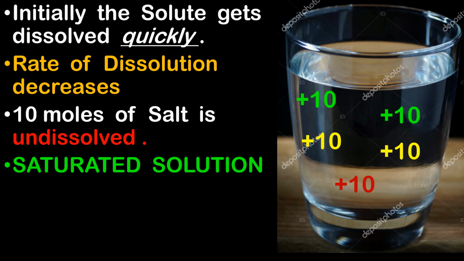Now, you will obviously be wondering why is it happening so? Okay, so the reason for this is because there is a dynamic equilibrium that is being established. Now, what is this dynamic equilibrium? Let's understand that.